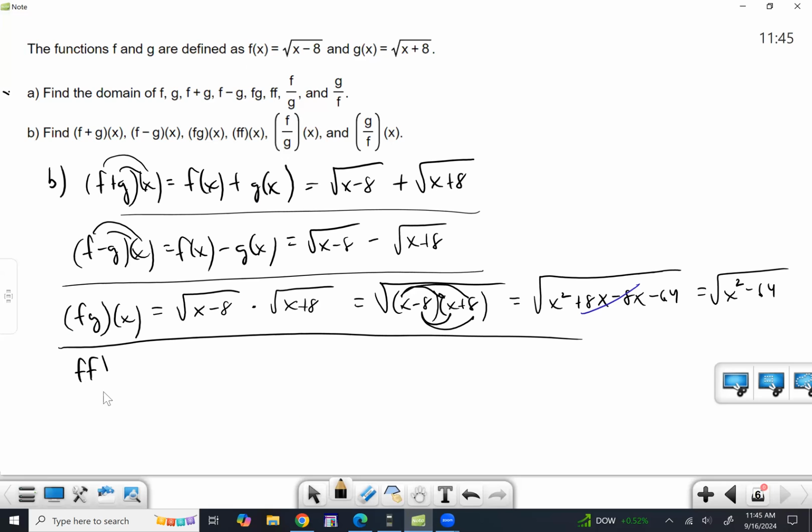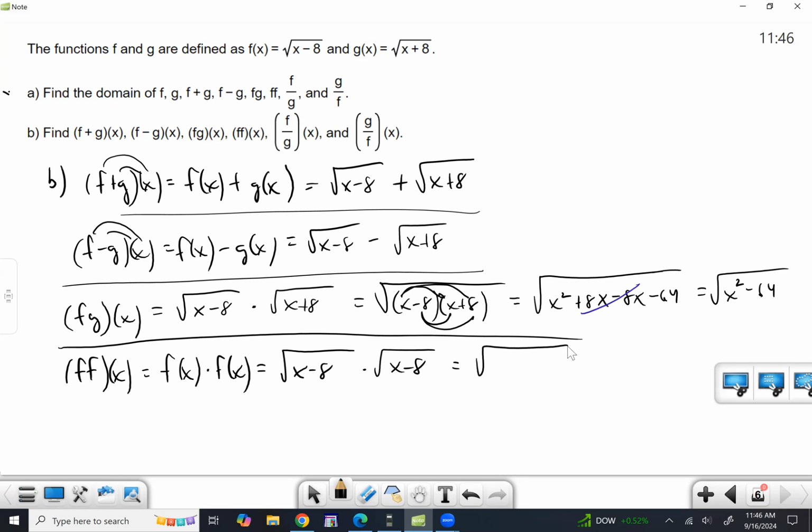So f multiplied by itself. We have to take f of x and multiply it by f of x. So that's going to be the square root of x minus 8 times the square root of x minus 8. Now, another way to write this is x minus 8 multiplied by x minus 8, just like on the last one.